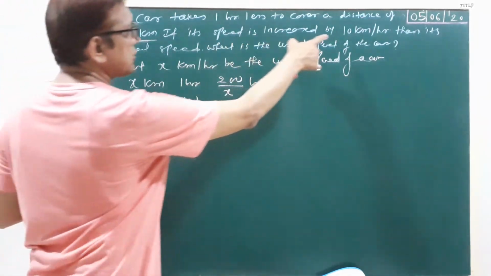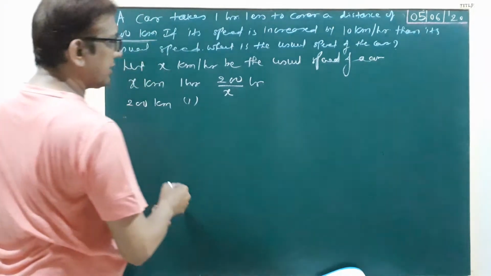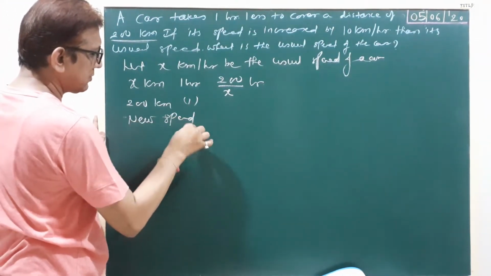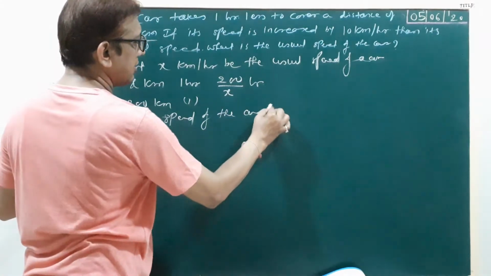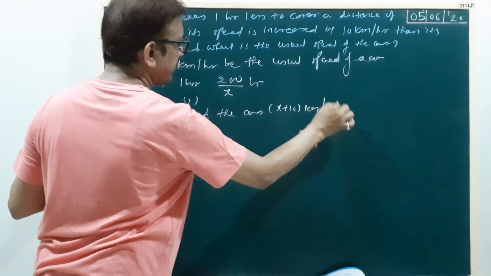Now the speed is increased. If its speed is increased by 10 km per hour, now the new speed of the car is x plus 10 km per hour.